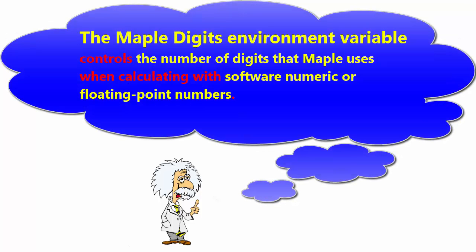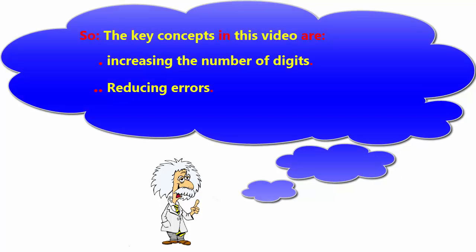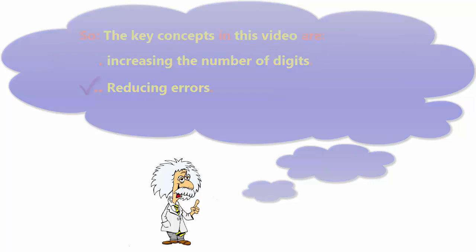The Maple digits environment variable controls the number of digits Maple uses when calculating with software numeric or floating point numbers. So, the key concepts in this video are increasing the number of digits, reducing errors.